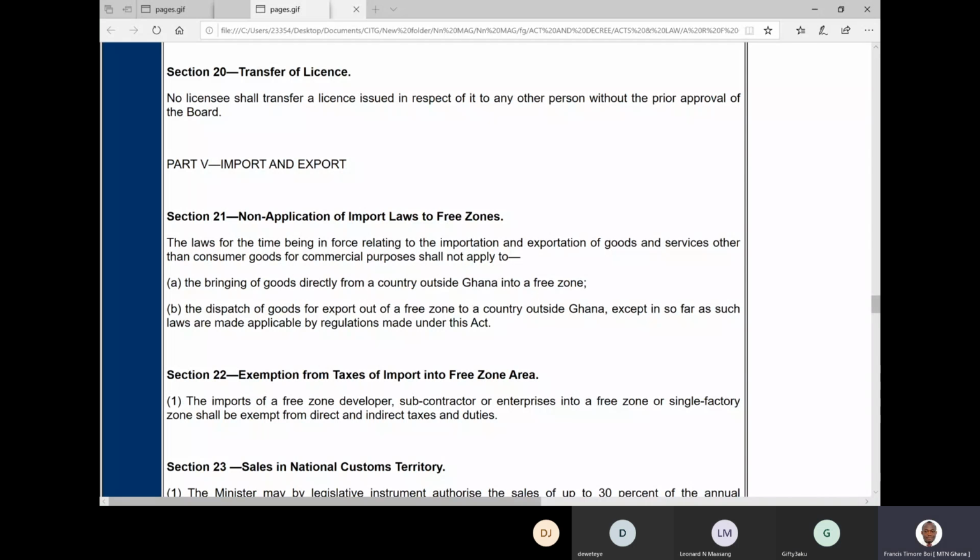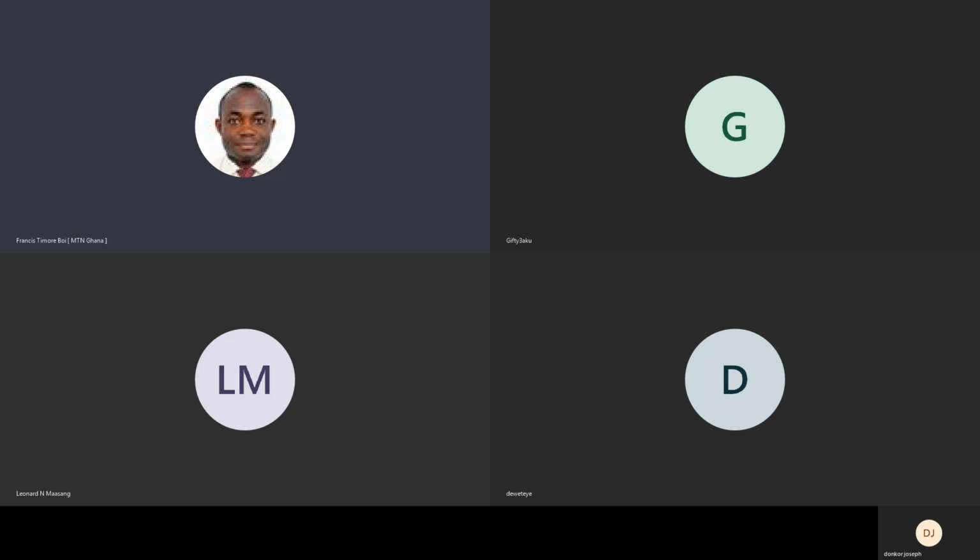So if it is the telecom services that we provide for the free zone enterprises, we don't charge them VAT, because if I'm exporting, I don't charge VAT. In fact, they themselves will even bring a form. Let us consider the various forms that are used under the regulations. We have a number of forms that they use.